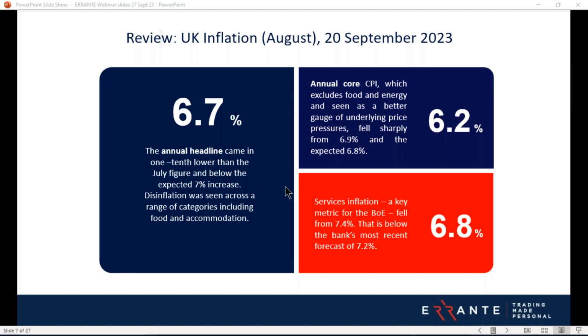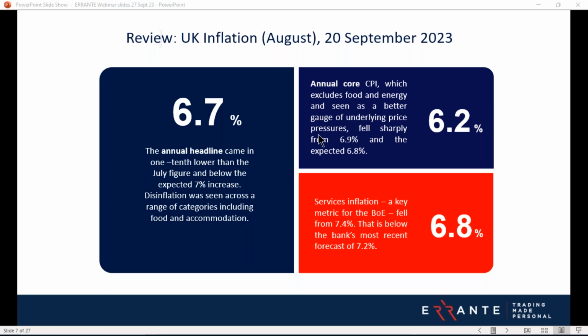So initially, we had the UK CPI report, which surprised to the downside. You can see the figures here. The headline fell to 6.7% from 7%, with disinflation, so falling prices, being seen across a range of categories.